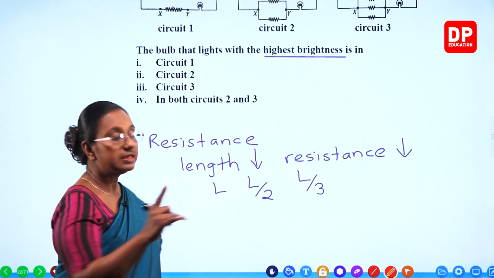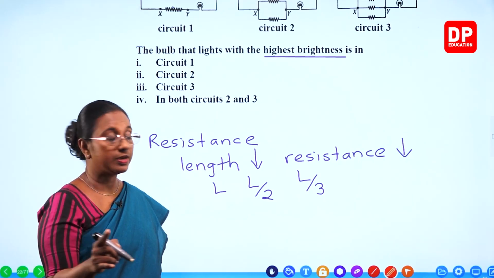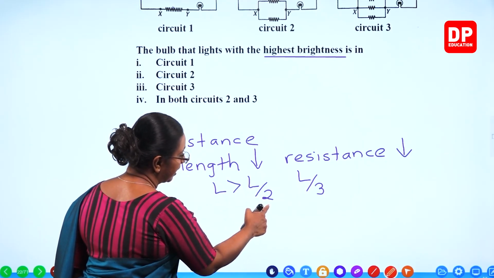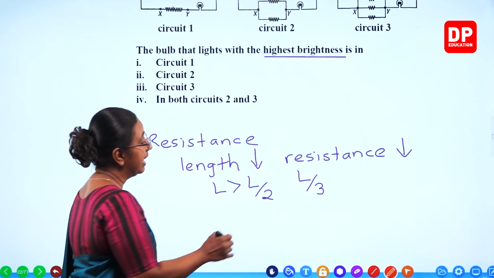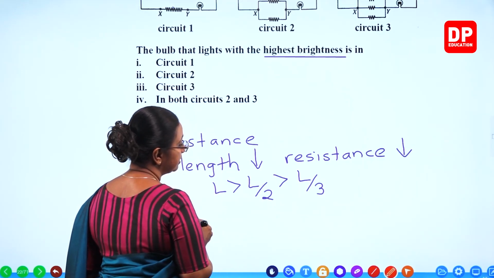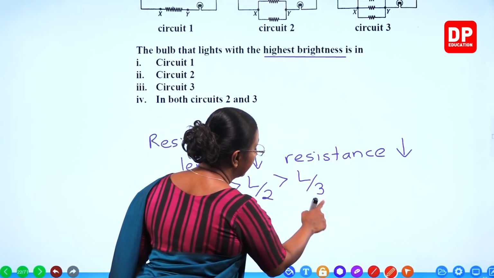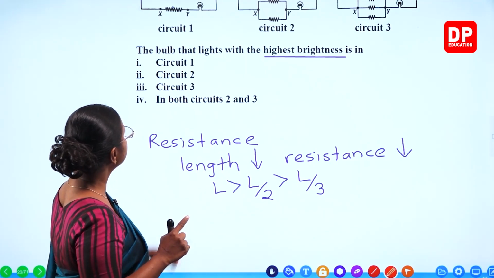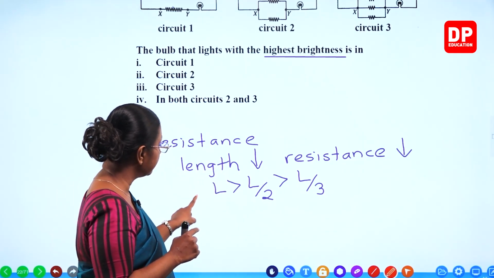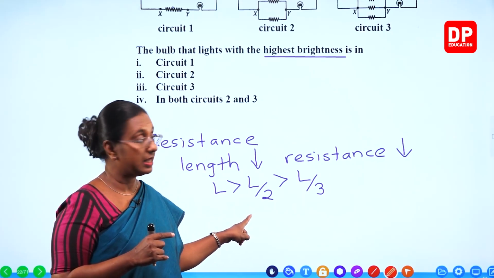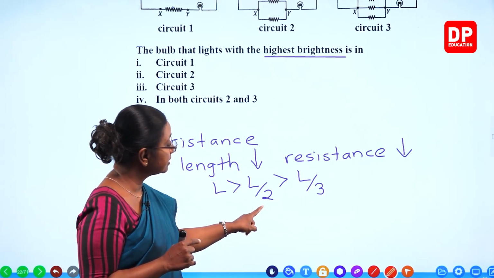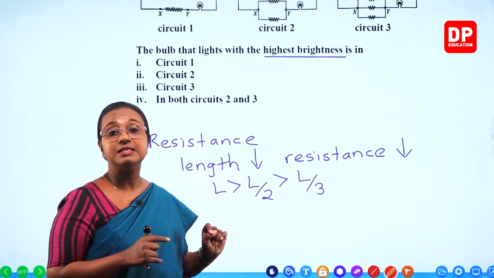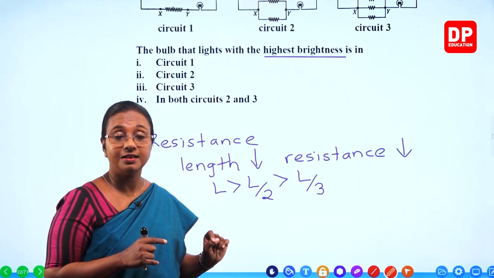So if you consider the resistors individually, L will have more resistance than compared to L by 2, half the length. And that will have more resistance when compared to L over 3. So from that itself you can see circuit 1, 1 resistor with the length L. Circuit 2, 2 resistors with the length L by 2. And circuit 3, 3 resistors with L by 3.